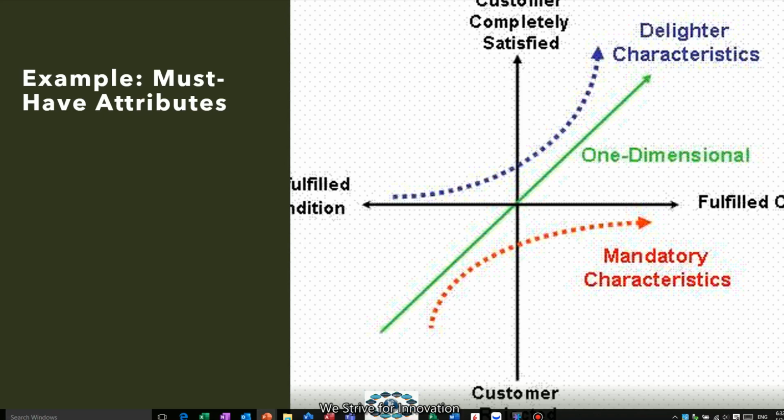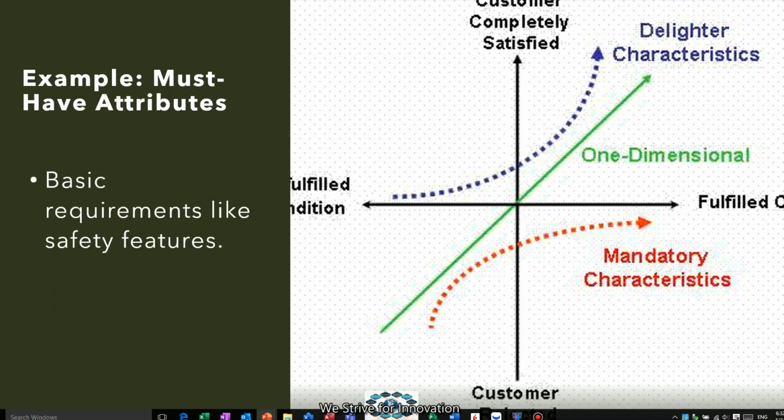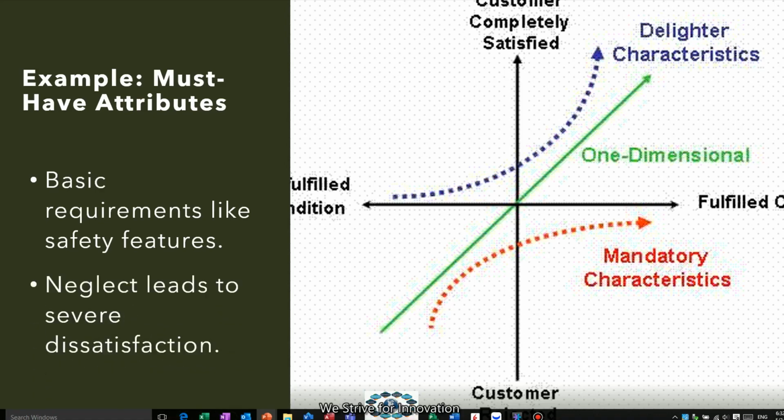Without them, it will be considered extremely unsatisfactory to your consumer. For example, in a manufacturing process, a safety feature in an automobile, like a seat belt, is necessary. You cannot say, I'm going to have a car without a seat belt or airbags. They are considered must-have attributes.